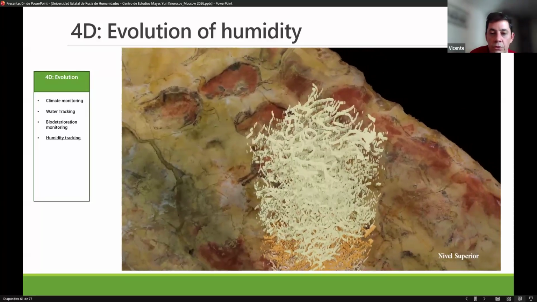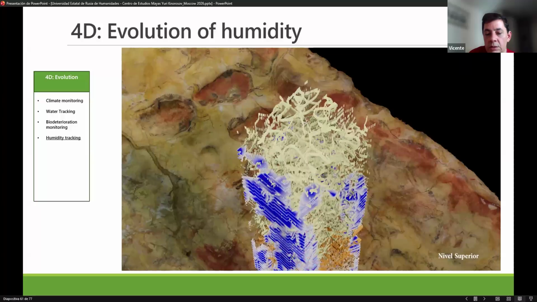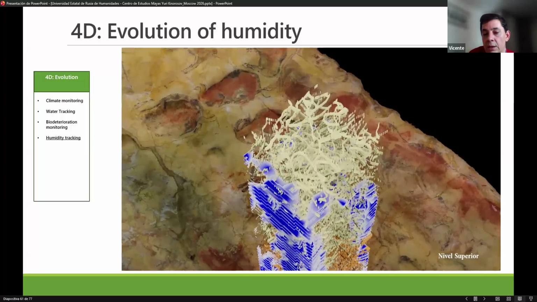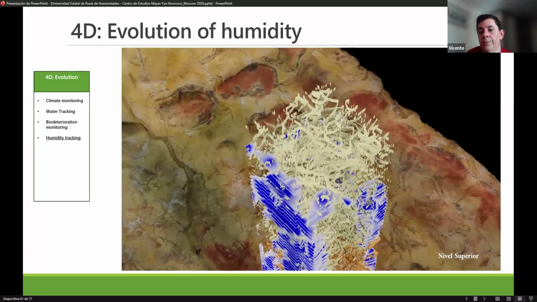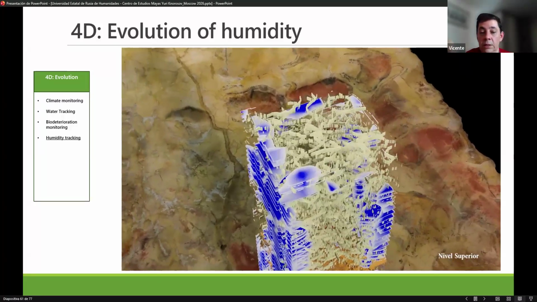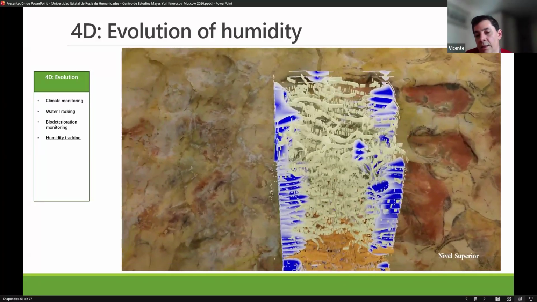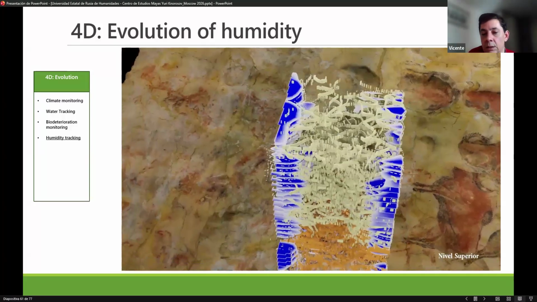Here, I'm going to show you, it's almost finished, the fracturation. This is the water, the humidity stored in the ceiling. So if you go down, this is 1 square meter because it's a detailed analysis.